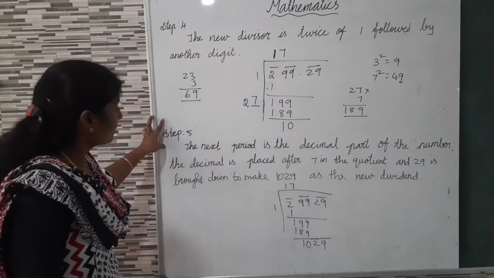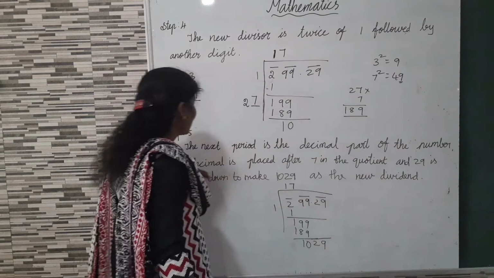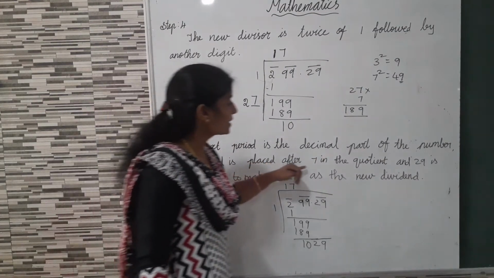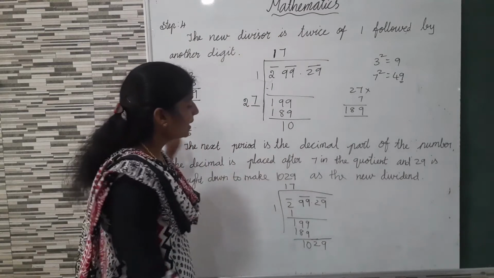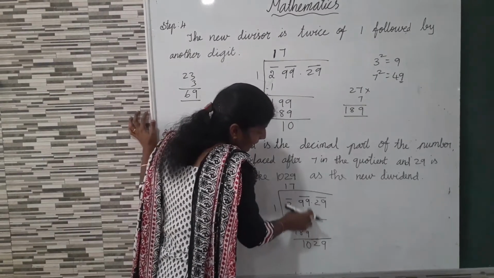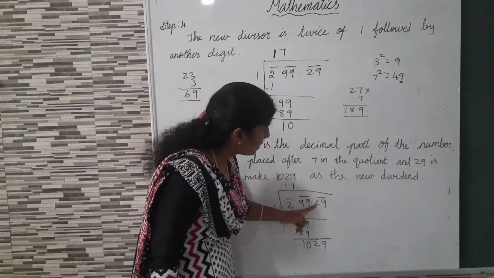Now step 5: the next period is the decimal part of the number. The decimal is placed after 7 in the quotient. Already we brought down 99, and now we have the decimal part.